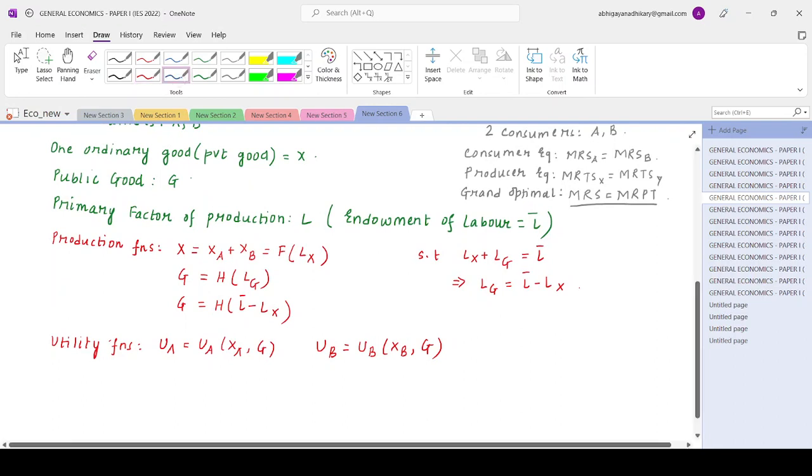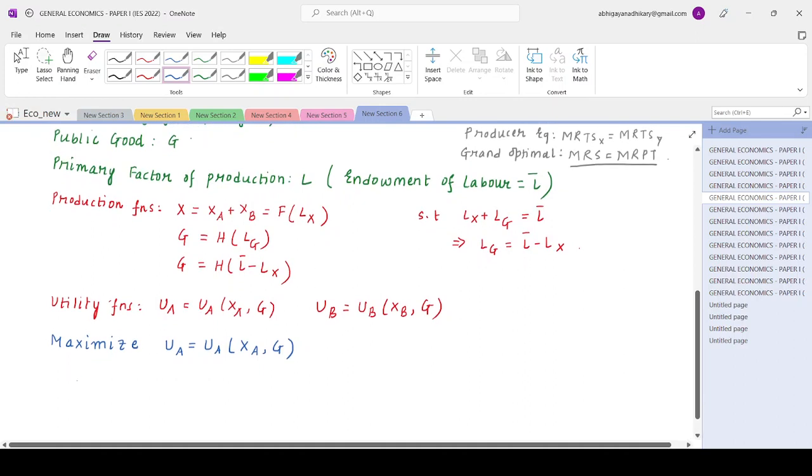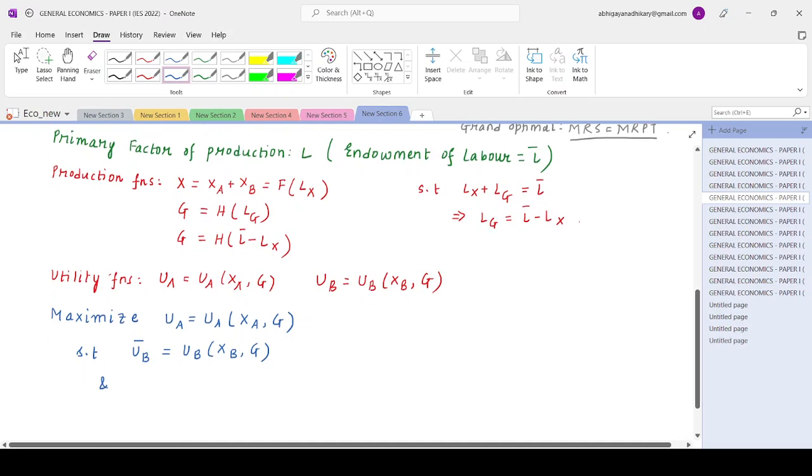So let's say we'll try to maximize UA, which is a function of XA comma G, subject to fixing the utility of agent B to a fixed level UB bar, and what are the other constraints?